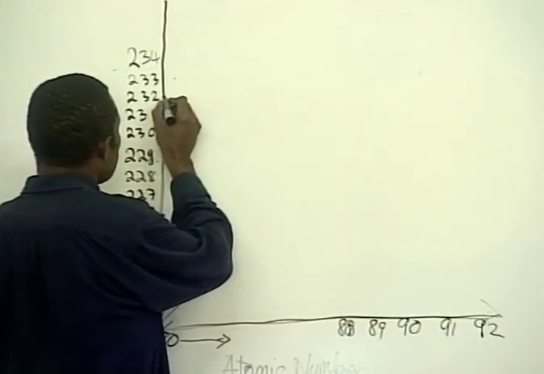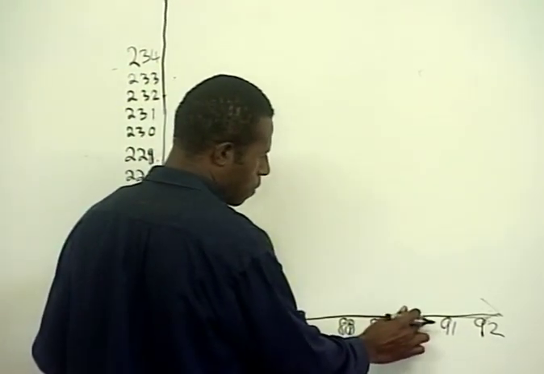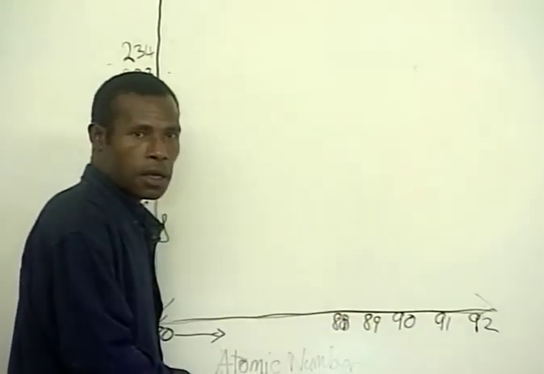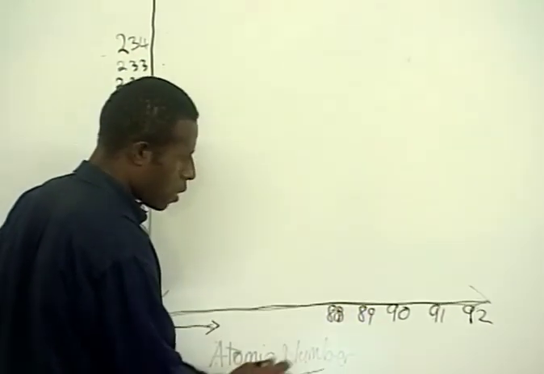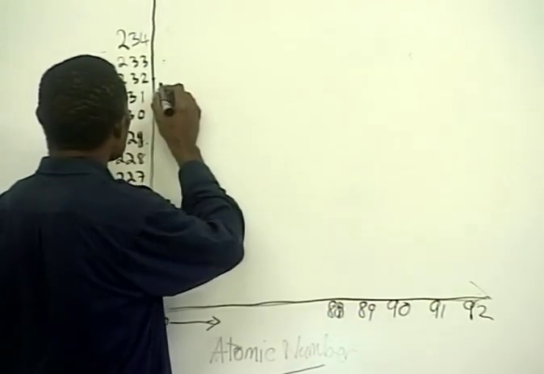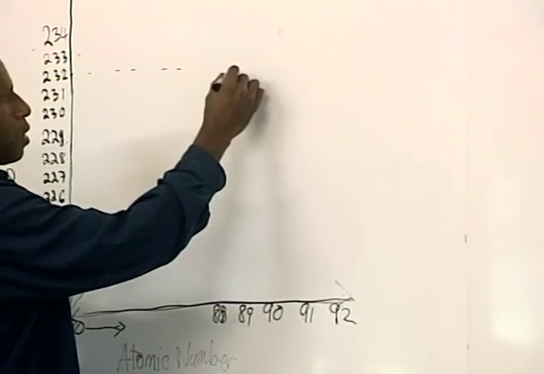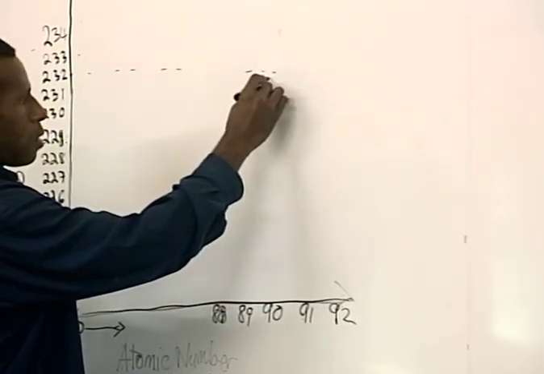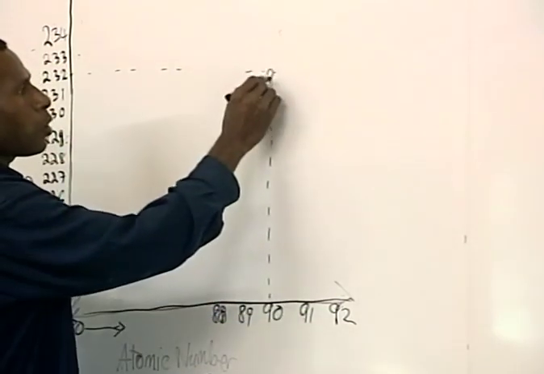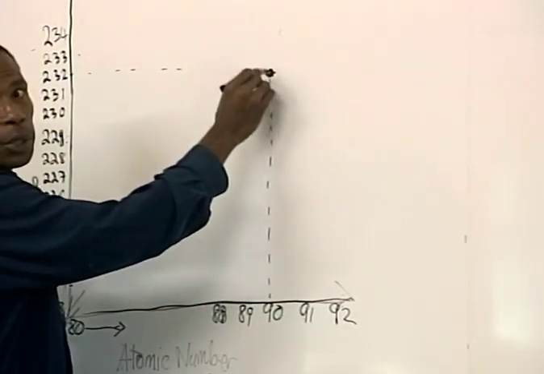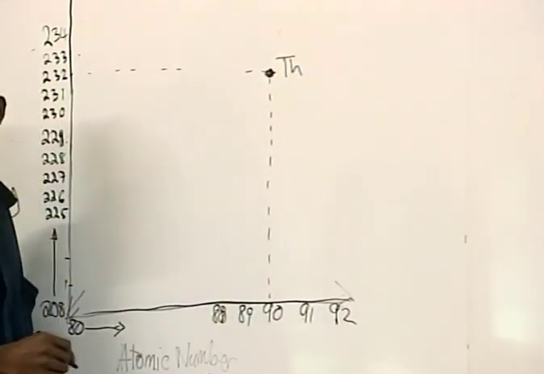Looking at this, that is 232, and what is the atomic number? 90. So you look across, and that is 90. You plot your point here, and that is thorium.